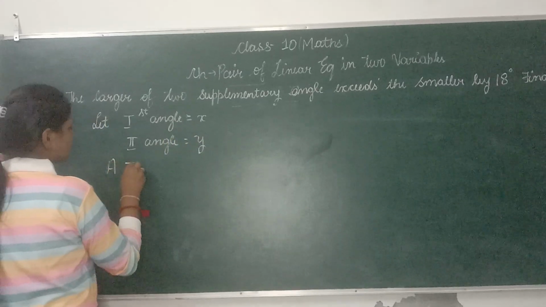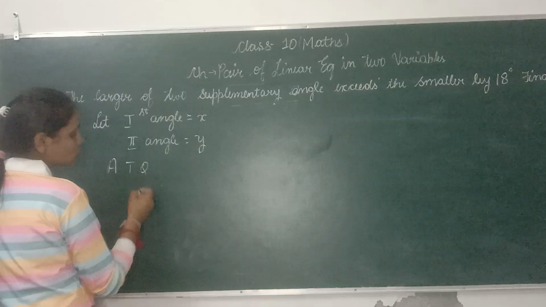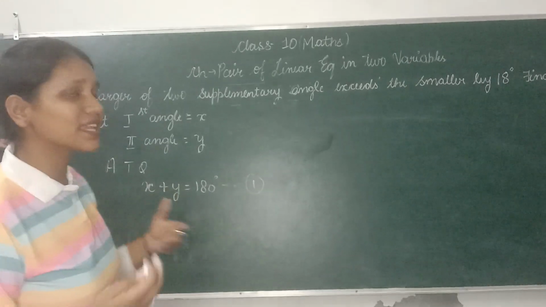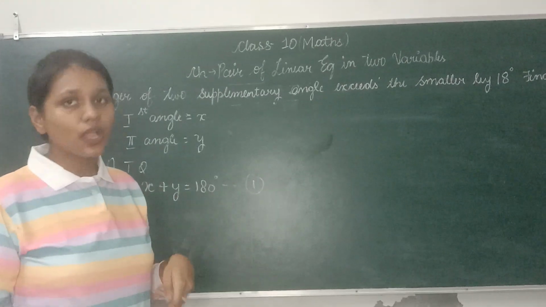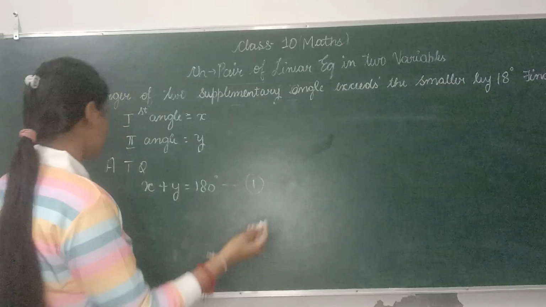According to the question, supplementary angles are those angles whose sum is equal to 180 degrees. So first equation will be x plus y is equals to 180 degrees. And according to the larger of two supplementary, we are not given which angle is larger, x is larger or y is larger. It may be any angle.